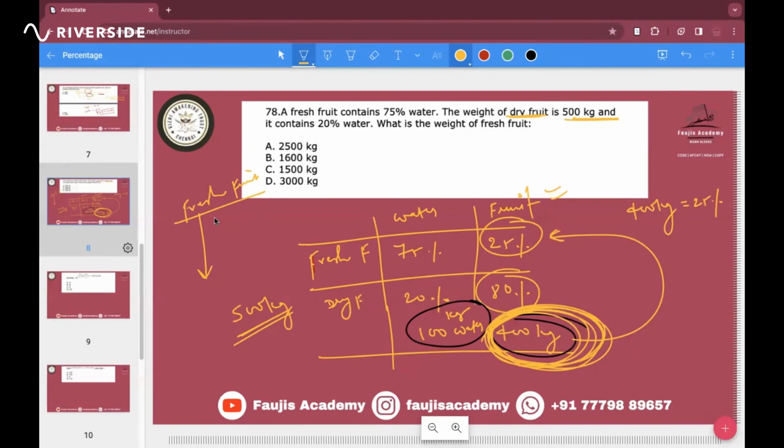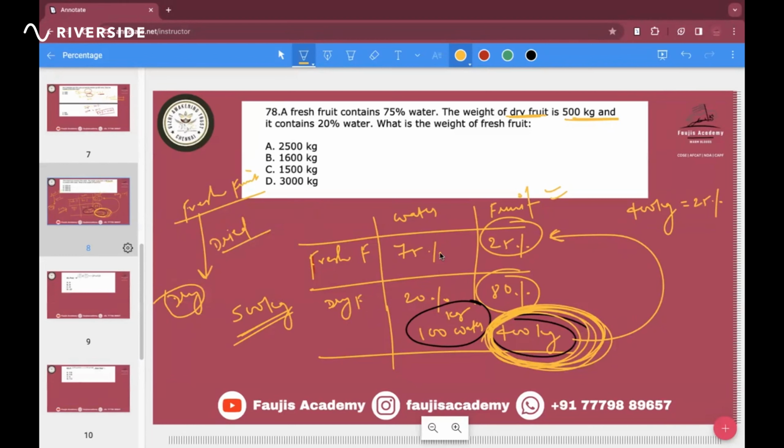Yeah, Kishore, I suppose you don't have any doubt, buddy. So this dry fruit came from this fresh fruit only. But what is happening over here is that it is being dried somewhere.